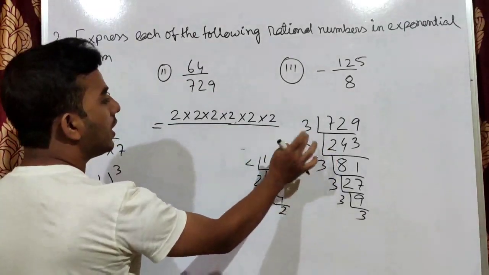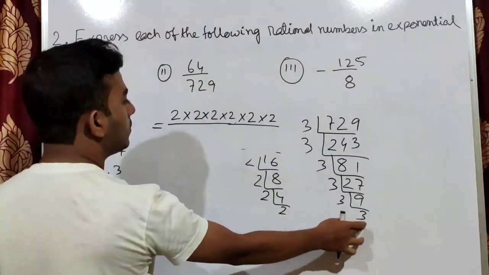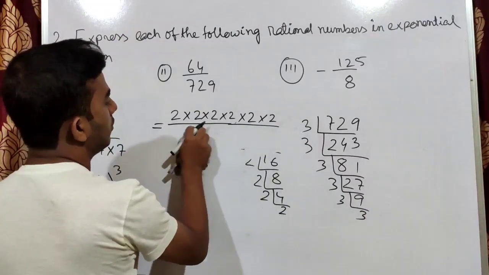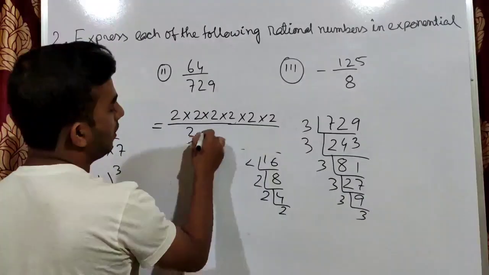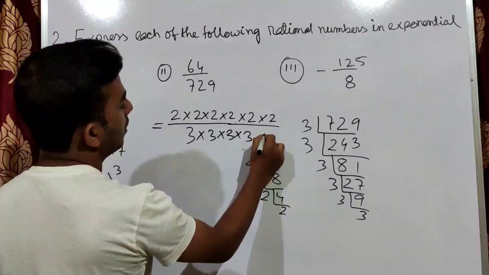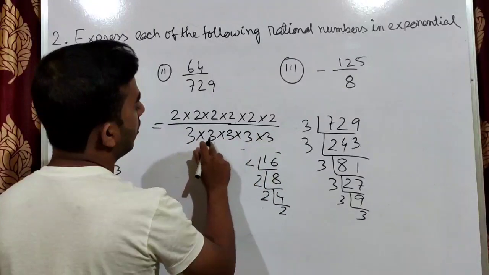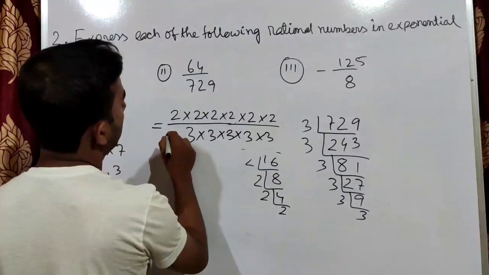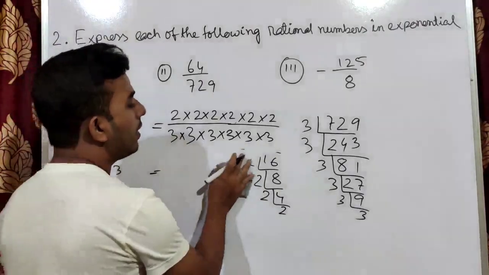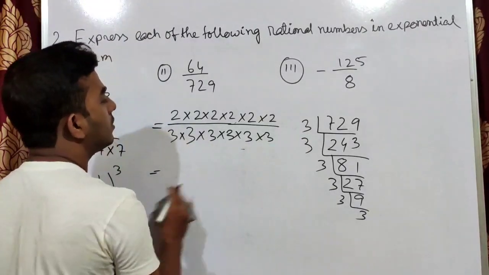And 729 is 3 into 3 into 3 into 3 into 3 into 3, six threes. So here 2 is multiplied 6 times, and 3 is also multiplied 6 times.